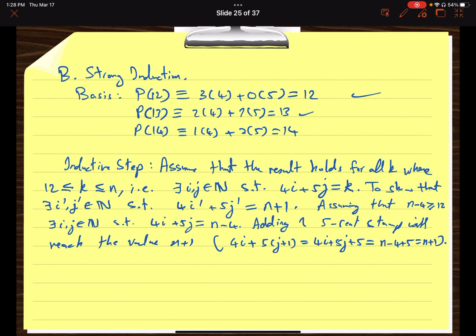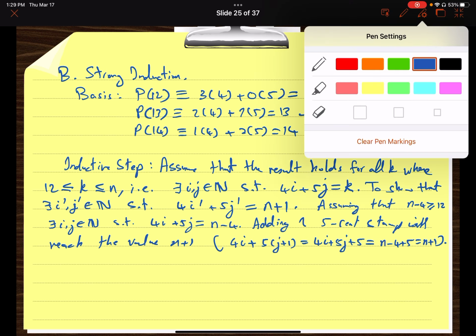What about 15? 0 times 4 plus 3 times 5. This is equal to 15. So this is also correct. And finally, P16, 4 4s plus 0 5s equal ايش? Equal 16.